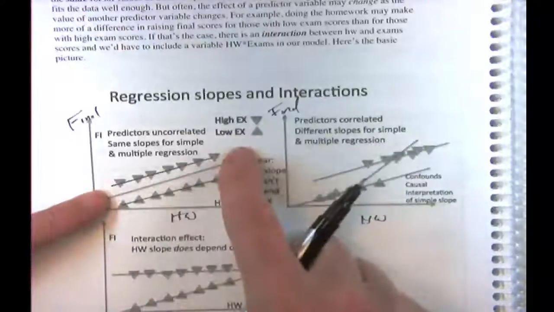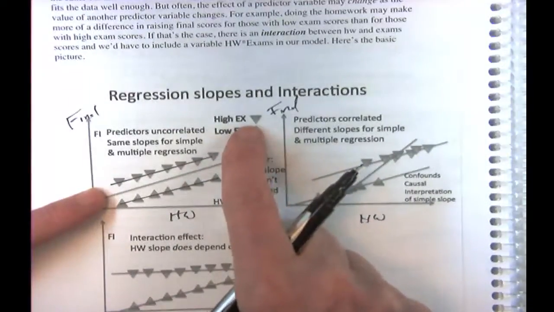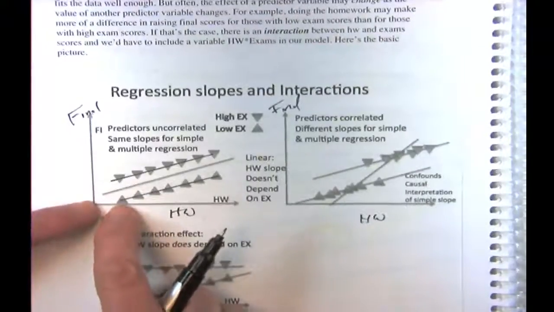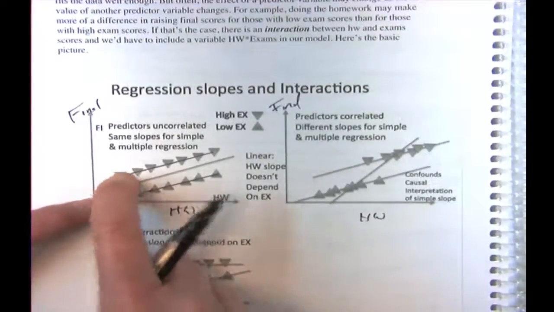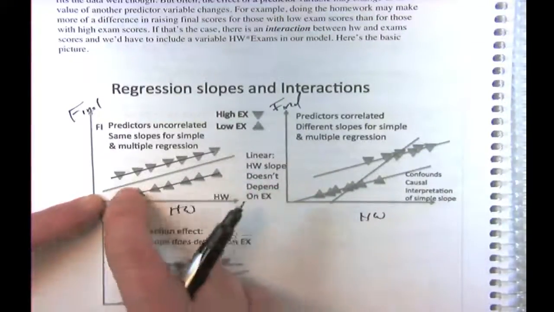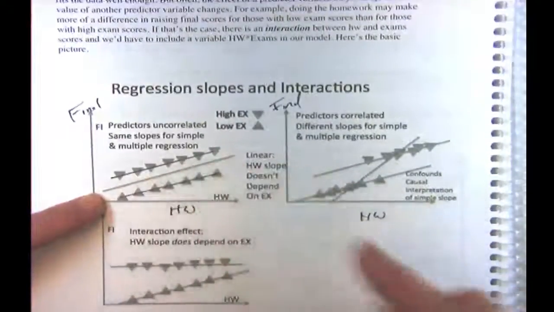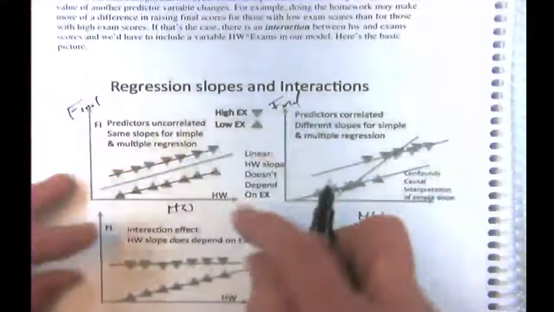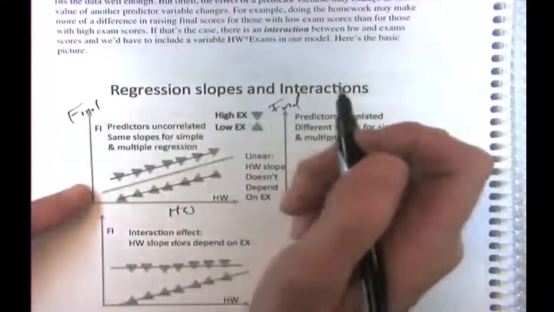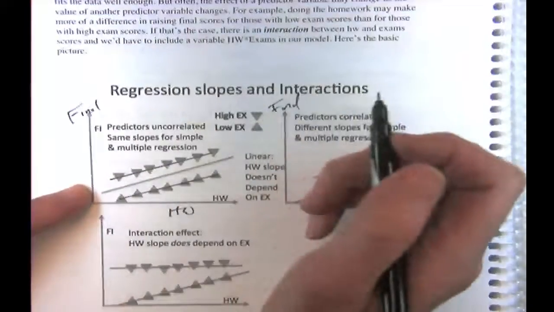The high exams look like this, and the low exams, where most of the people are on the bottom, a bottom pyramid, and a lot of people have the high exams, and the low exams would be the same as the overall here. So this is no correlation, so no interaction and no correlation.